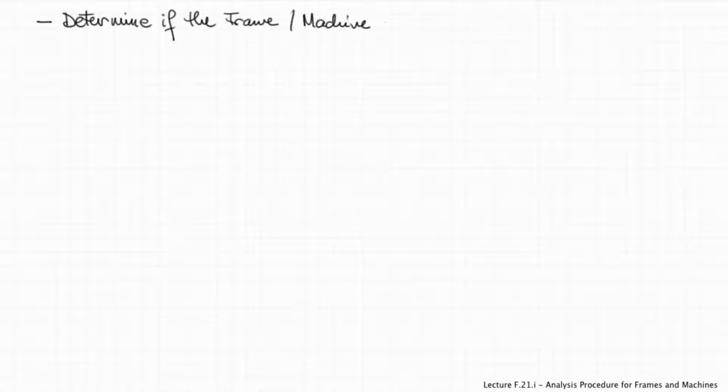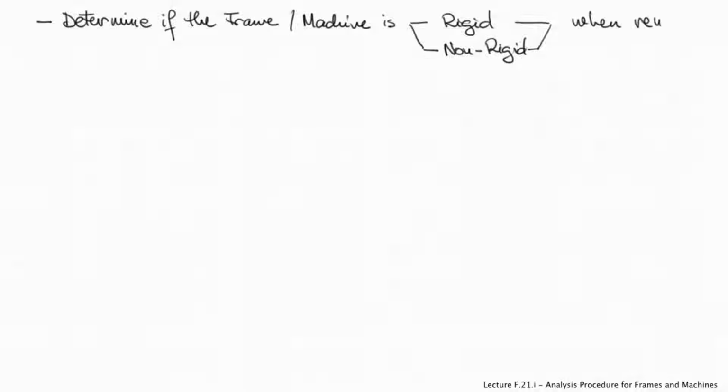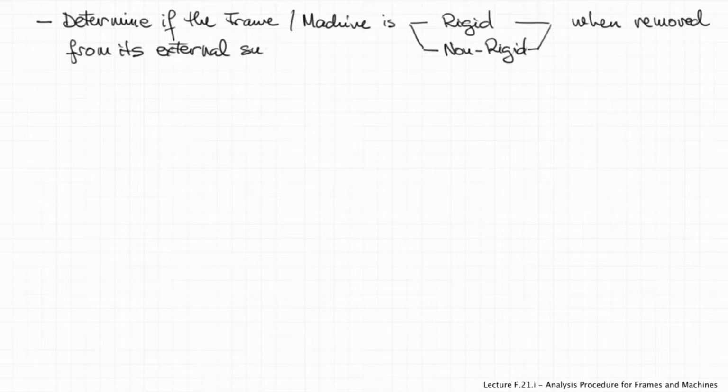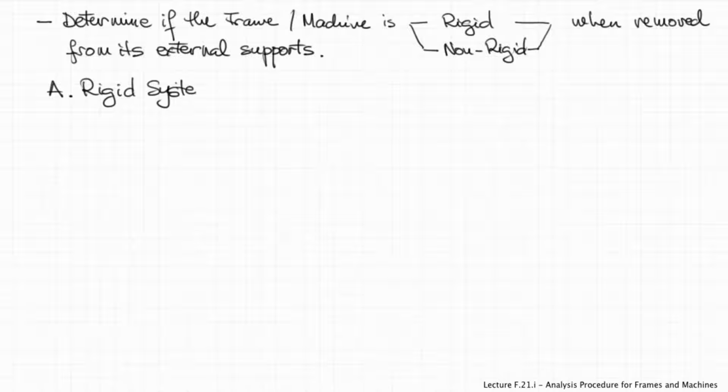In other words, you have to imagine that you've removed the system from its supports, and by looking at the system, you have to figure out whether the system can change shape easily, freely, or not without the external supports. And this may be a little challenging sometimes, but you'd have to somehow try to make this judgment. But you can also look at the type and the number of supports, and decide whether the frame is rigid or non-rigid.